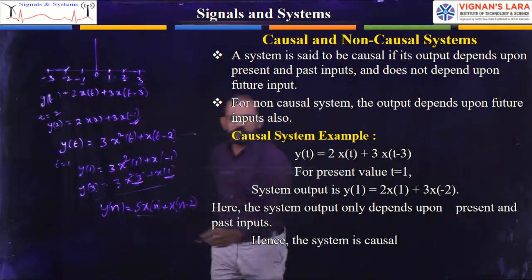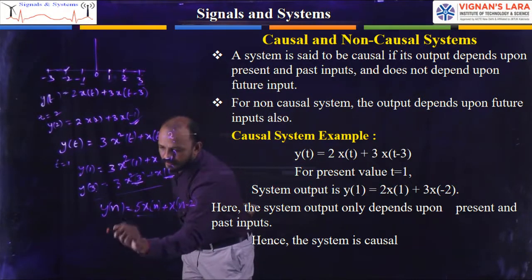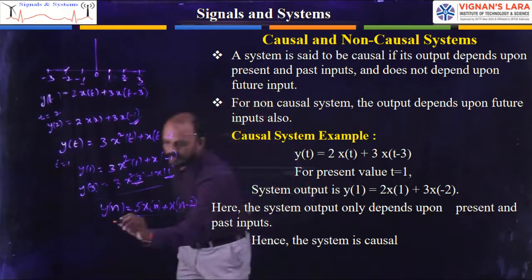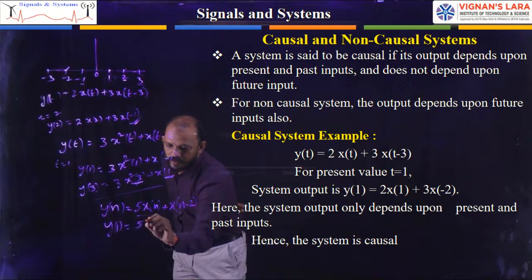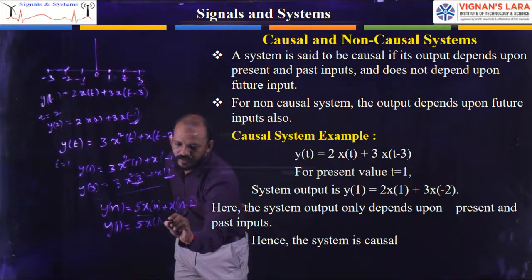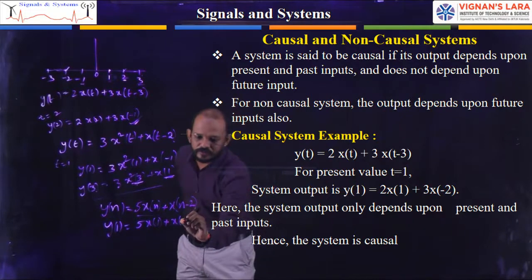See here. For n equal to 1, the first time instant, y of 1 equal to 5 into x of 1 plus x of 1 minus 2. 1 minus 2 is minus 1.